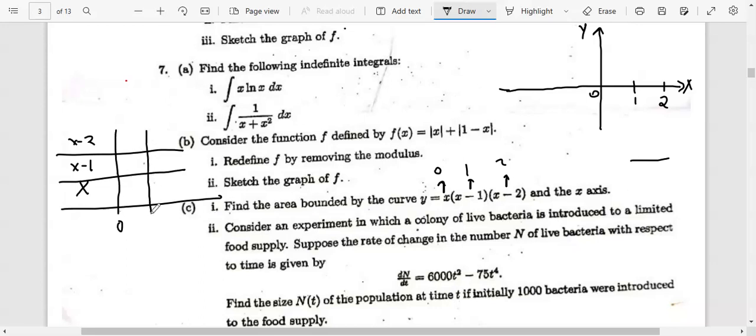When I equated this to 0, I found 0, I found 1, I found 2. When I equate x to 0, I found 0. Any number above 0 will give me positive. Anything below 0 should be negative. When I equate x minus 1 to 0, I found 1. Anything above 1 will be positive. Anything below will be negative. Equate x minus 2 to 0, find 2. Anything above 2 will be positive. Anything below will be negative.